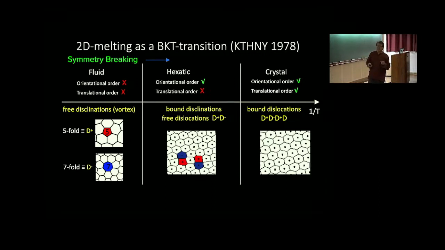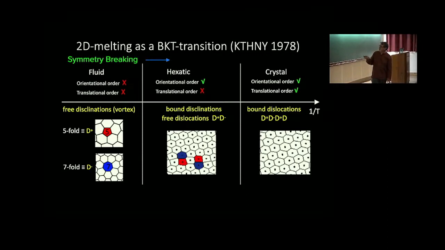In the hexatic phase, you break rotational symmetry, you have orientational order but no translational order, and these disclinations bind into a state which is itself a topological defect known as a dislocation. And I'll show you what that does to the system.